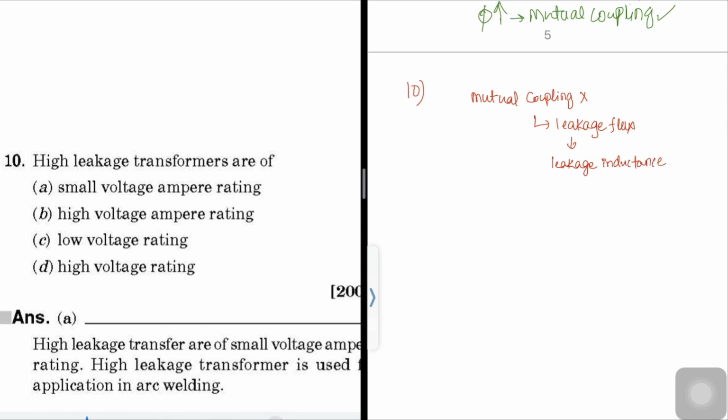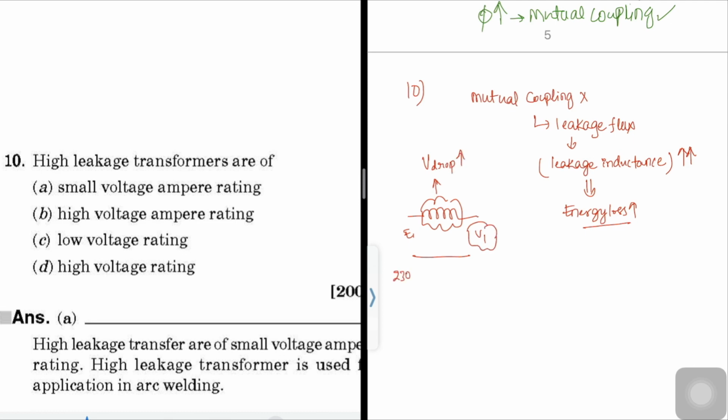If this leakage inductance is high, there will be high energy loss. Suppose this is the leakage inductance, this is E1 and this is V1. If there is high leakage inductance, the voltage drop will be more, and we will get less V1.